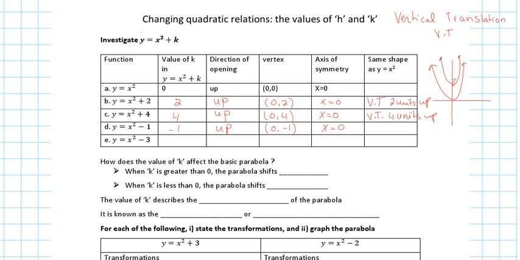Next. And then the last one, the k value is negative 3. Direction of opening is up. The vertex is 0, negative 3. Axis of symmetry is x equals 0. And I have a vertical translation, 3 units down.